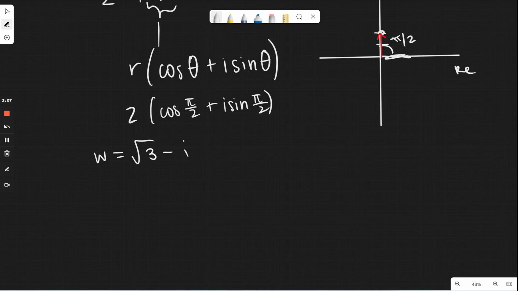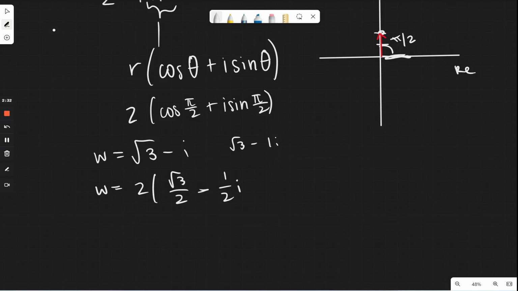We know this is square root 3 minus 1i. If we divide both of these by 2, we would get some commonly seen trig values. So w is equal to, if you take out a 2, 2 times square root 3 over 2 minus 1/2 i.